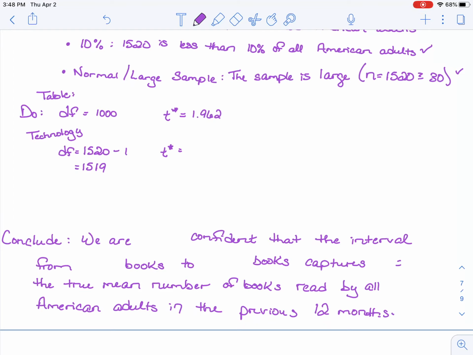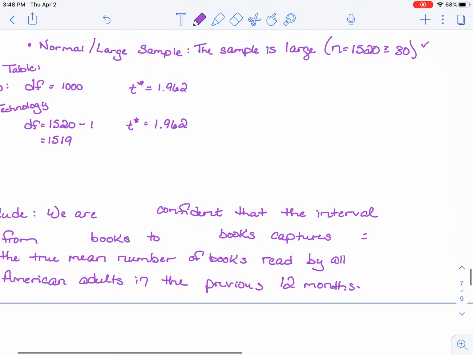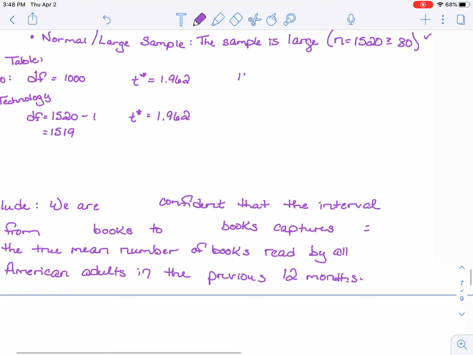The area that I'm putting in is half of 5%, and 1519 degrees of freedom. So my calculator is spitting out 1.962. So I get the exact same thing no matter which way I do it. You will not always get the same thing. State how you get those numbers. So you don't have to do both. Whatever way you choose, note what you chose to do.